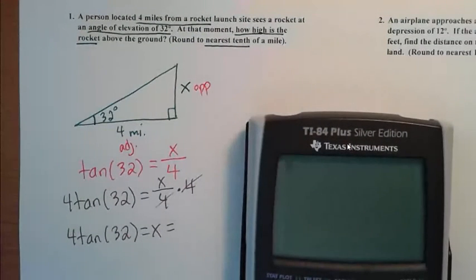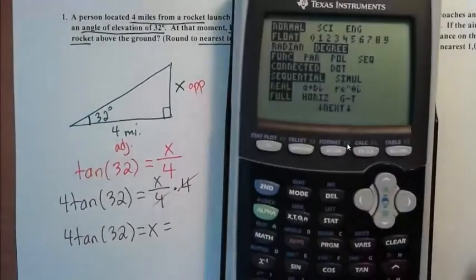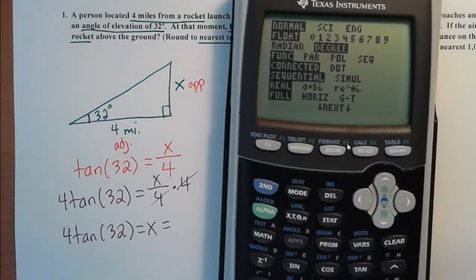answer to our question here. And we have 4 times the tangent of 32 as our answer. And remember, you want to be in degree mode by clicking on the mode button and making sure your third option is in degrees.